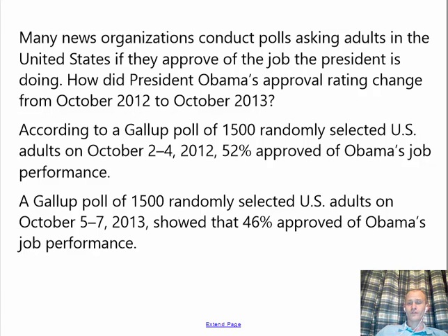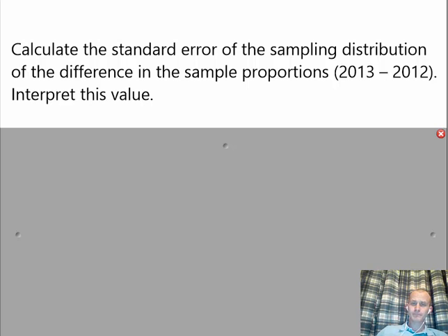According to a Gallup poll of 1,500 randomly selected U.S. adults on October 2nd through 4th in 2012, 52% approved of Obama's job performance. In a Gallup poll of 1,500 randomly selected adults on October 5th through 7th of 2013, only 46% approved of Obama's job performance.